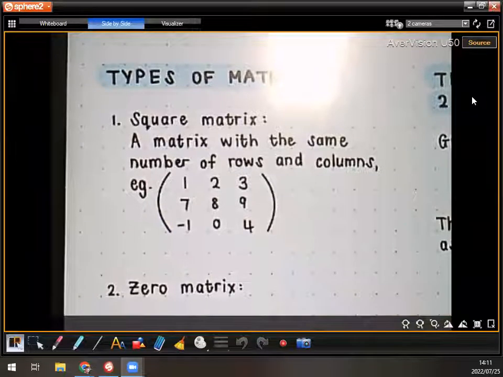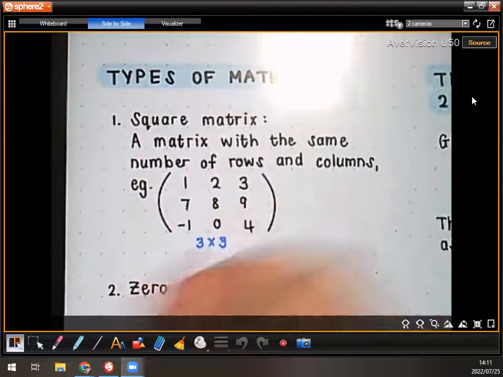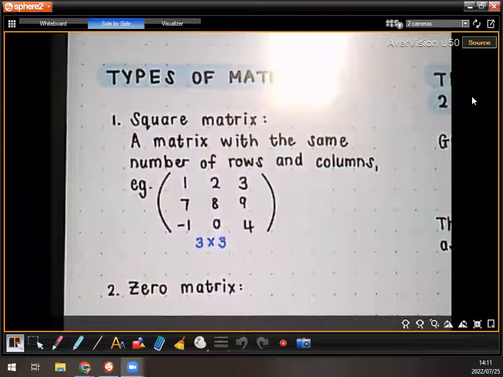Do you agree that we have 3 rows and 3 columns? So this is a 3 by 3 matrix, so it is a square. 2 by 2, 4 by 4, 7 by 7. As long as it has the same number of rows and columns, it is defined as a square matrix.